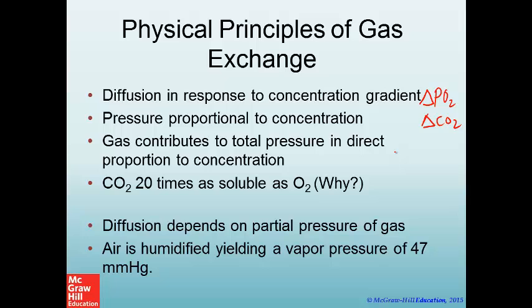And we know that the partial pressure is equivalent to the concentration. So if the concentration is 21%, then that means 21% of the pressure is also going to be contributed by that gas, in this case oxygen.